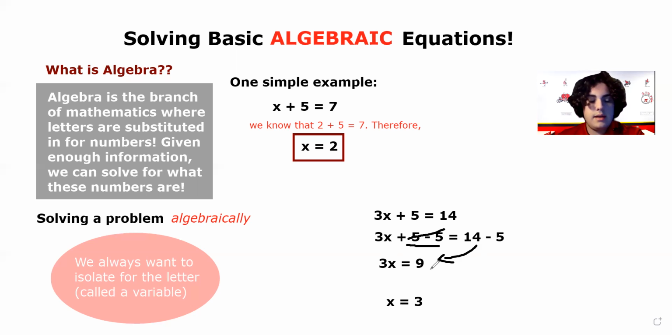Now, a 3 beside an x means that 3 is being multiplied by some number. If you recall, we have to do the opposite of multiplication. And what's the opposite of multiplication? It is division. So I'm going to divide both sides by 3.